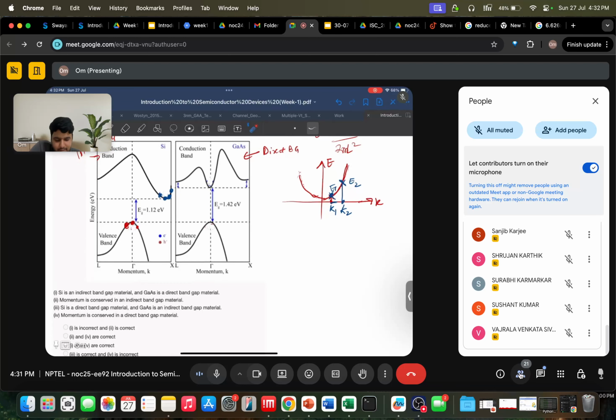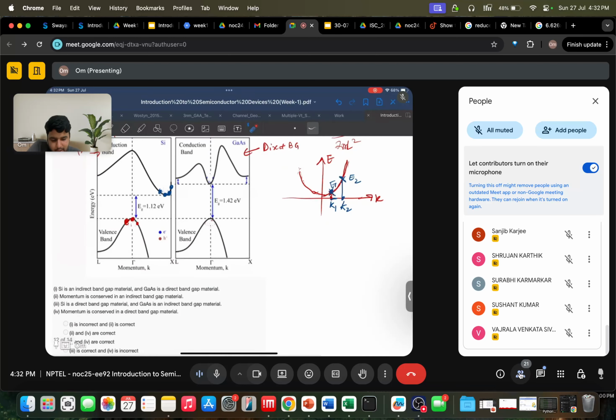Direct bandgap just means that at the same K value, you have the valence band maxima and conduction band minima. That means it is a direct bandgap. If they are not at the same K value, that means they are indirect bandgap.